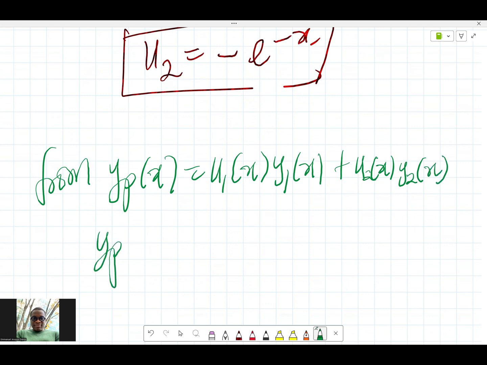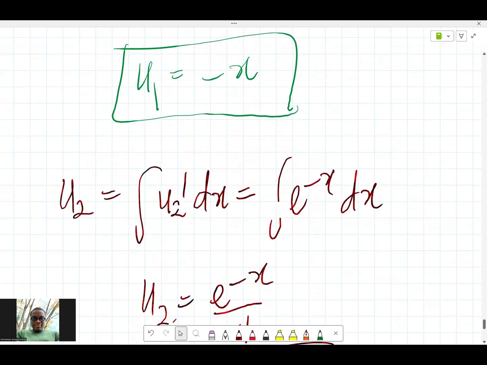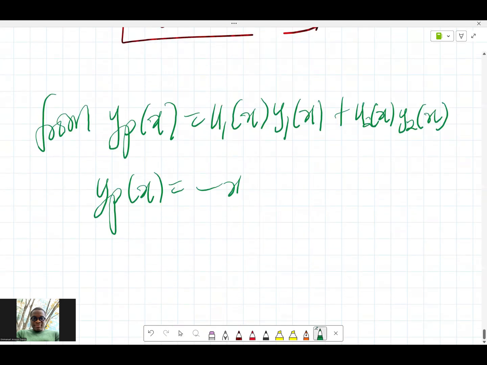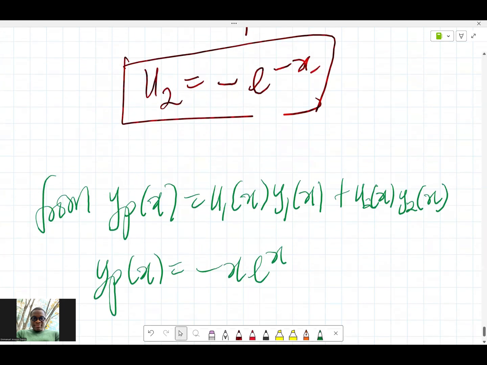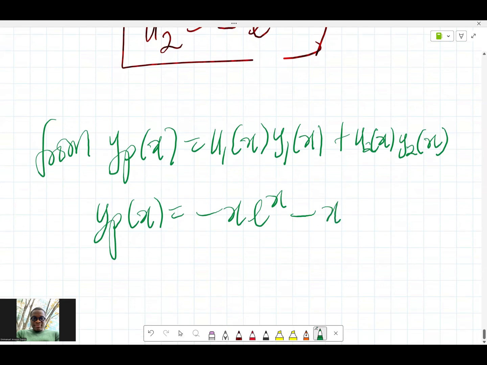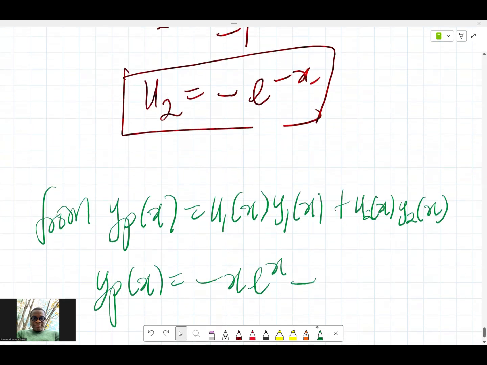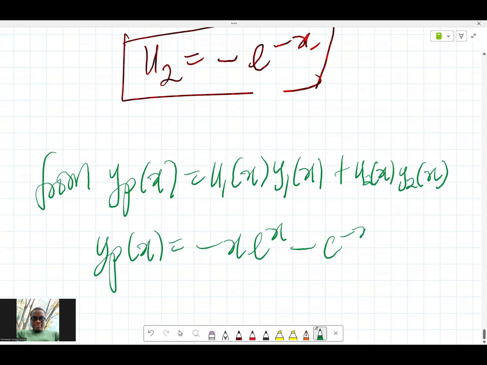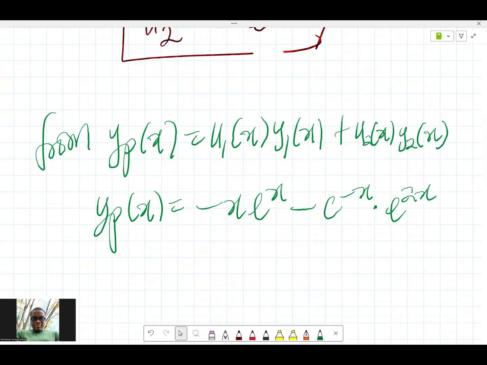So we have yp of x, where u1 is minus x, y1 of x is e raised power x, and u2 is minus e raised power minus x, and y2 is e raised power 2x from what we got initially.